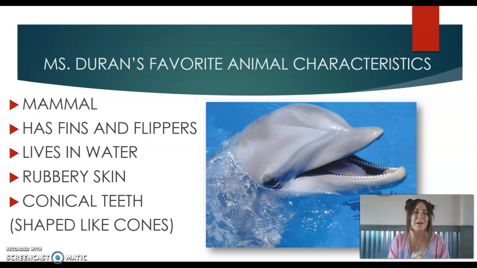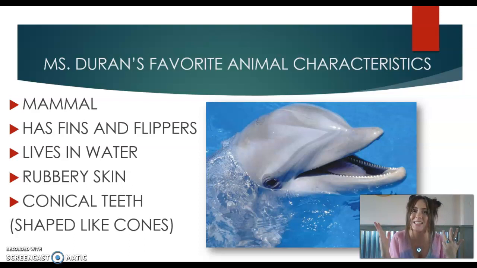For dolphins, my first characteristic is that it's a mammal. That means that it can have babies. It doesn't lay eggs or anything like that. It actually can have a baby. The second characteristic is that a dolphin has fins and flippers, right? All dolphins have fins and flippers. My third one is that it lives in water. All dolphins live in water. And then it also has rubbery skin.